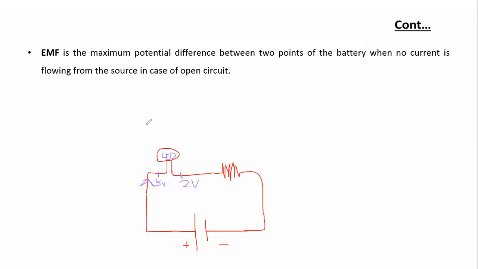So the difference of 5 minus 2 is 3. It means the voltage drop at this LED is 3 volts, whereas the EMF of that circuit was 10 volts. The battery attached to that circuit was of 10 volts.